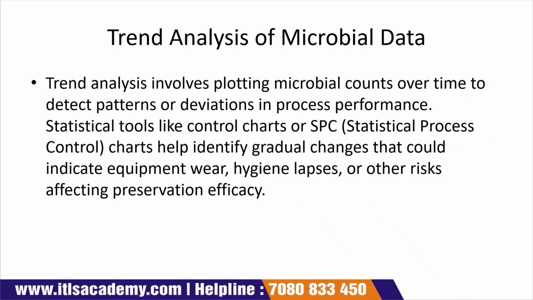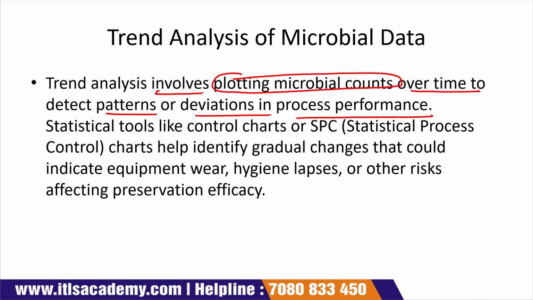Trend analysis of microbial data. Trend analysis involves plotting the microbial counts over time to detect a pattern or deviation in process performance, using statistical tools like control charts, also known as SPC, that is statistical process control.